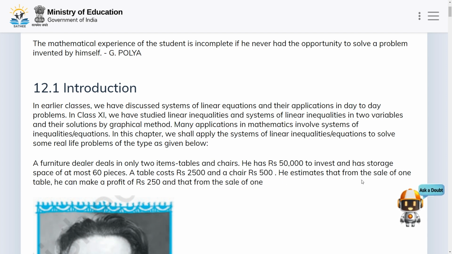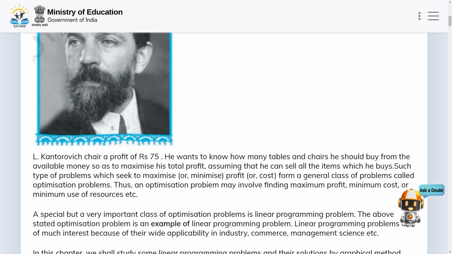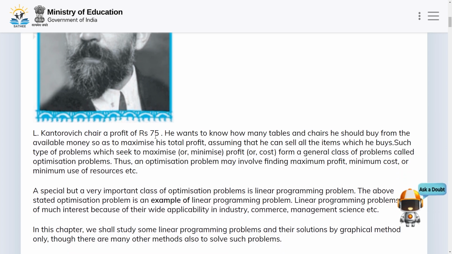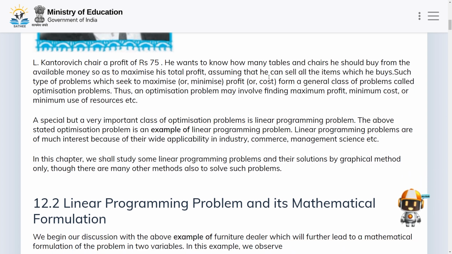He estimates that from the sale of one table, he can make a profit of 250, and from the sale of one chair, he can make 75 rupees. So he wants to know how many tables and chairs he should buy from the available money so as to maximize his total profit, assuming that he can sell all the items which he buys.